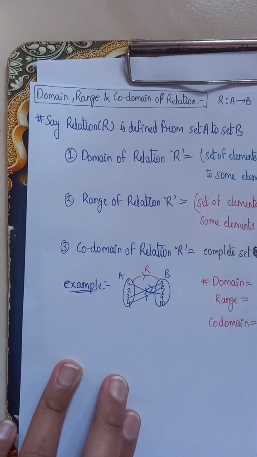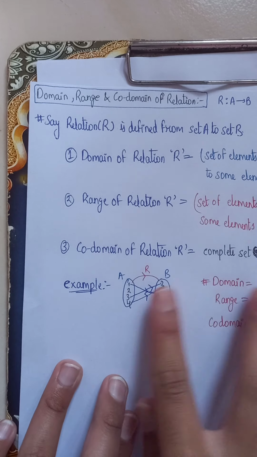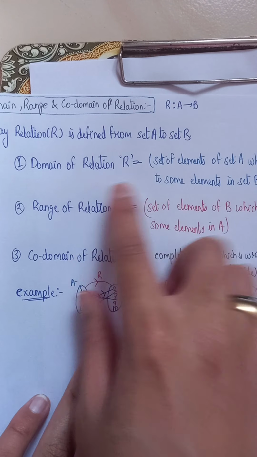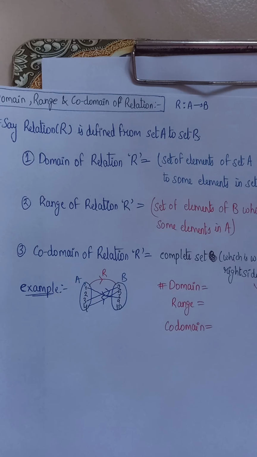This is the example. For this one you need to write the domain, range, and codomain. Let's refer to the above theory.